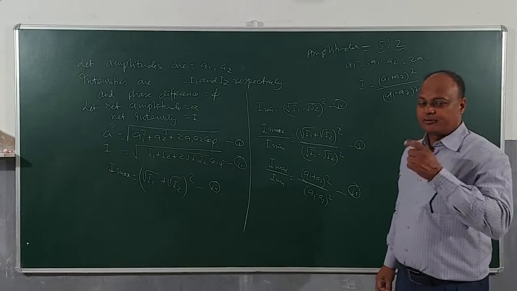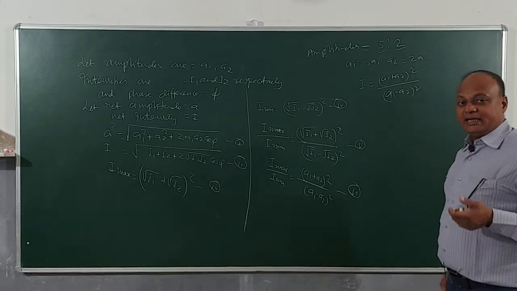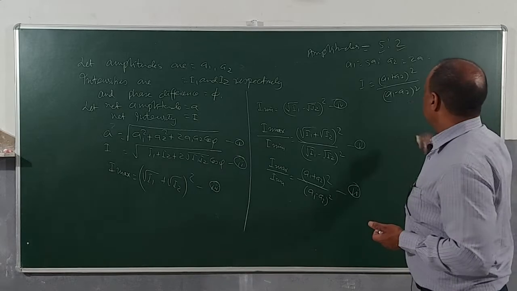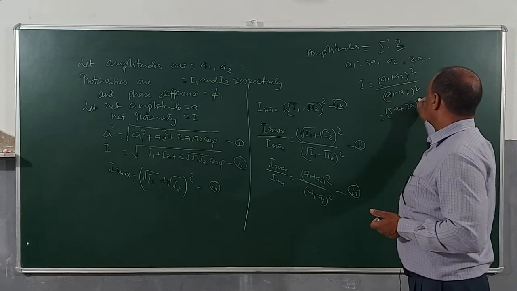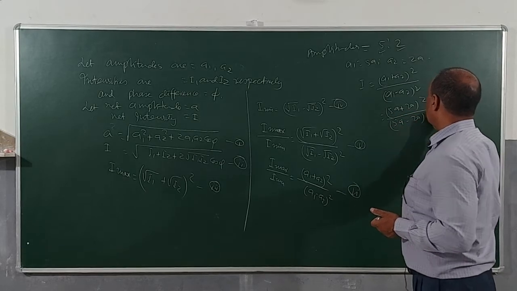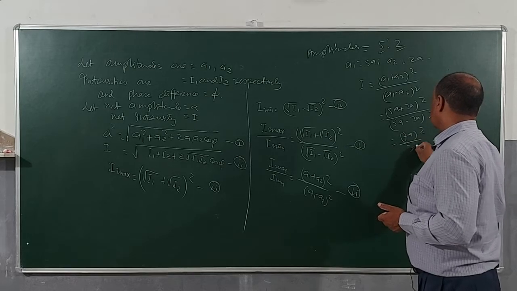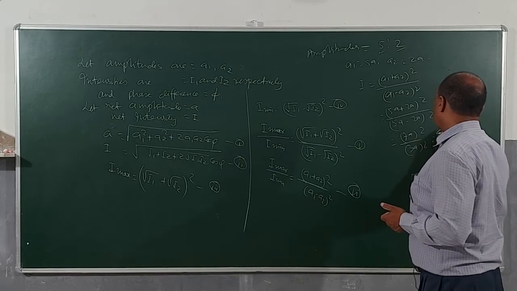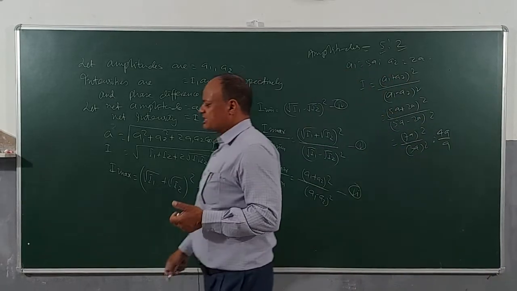So it is 5A plus 2A whole square divided by 5A minus 2A whole square, which is 7A whole square divided by 3A whole square, and if you solve, it is 49 over 9. Clear? So they can give you this type of problem.